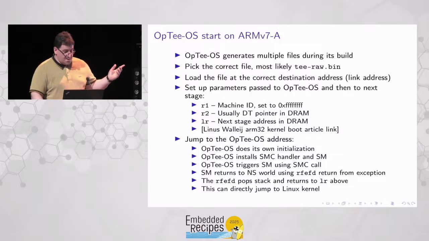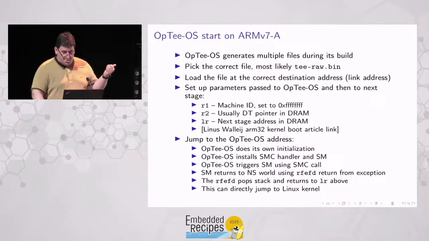To start OP-TEE OS on ARMv7-A, it's basically a matter of picking up the right file, because when you build OP-TEE OS, it will generate multiple binary files. There are some which have some sort of a header in front of it, some are ELF, executable and linkable format, these kinds of things.